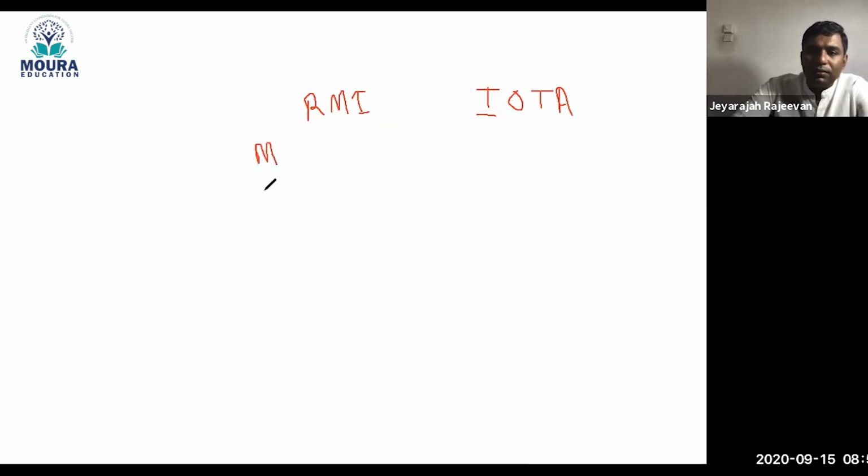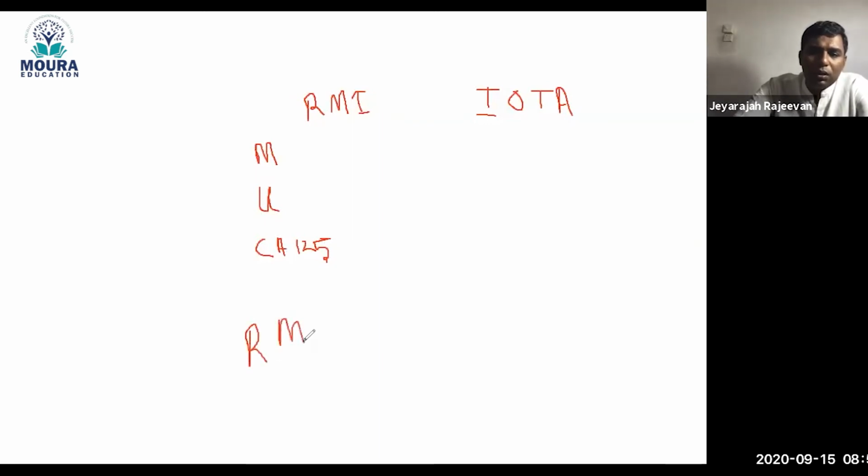Second one is ultrasonic features. Third one is CA125 level. Menopausal status, ultrasonic features, CA125. So with these three features, we are calculating the RMI.